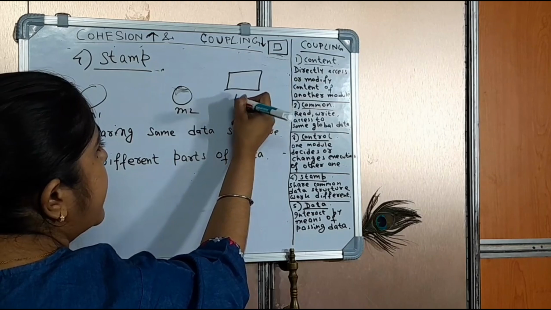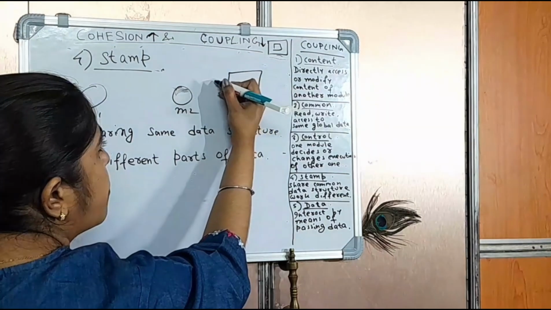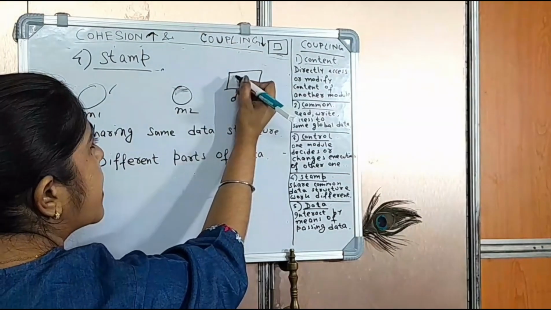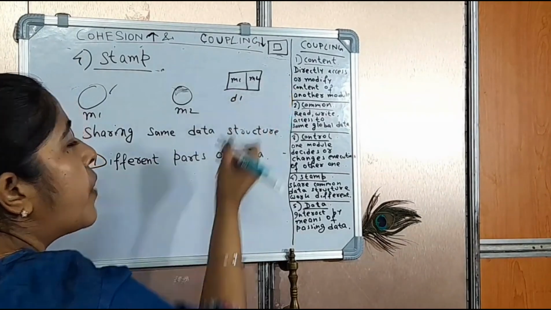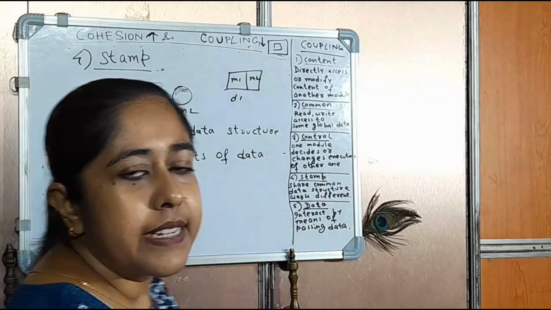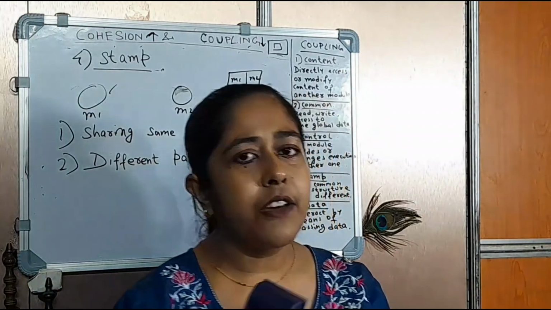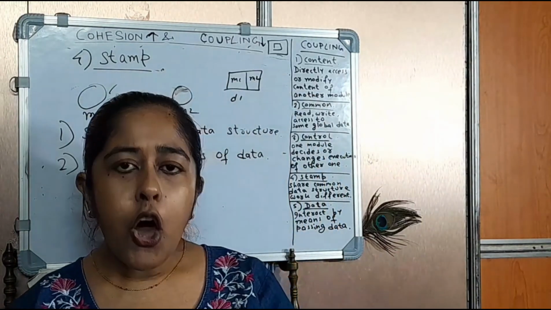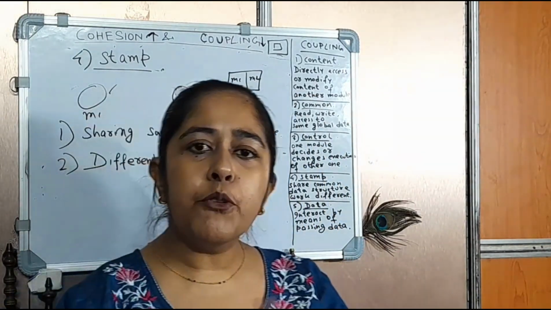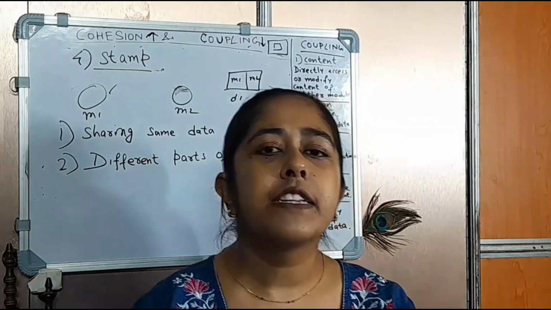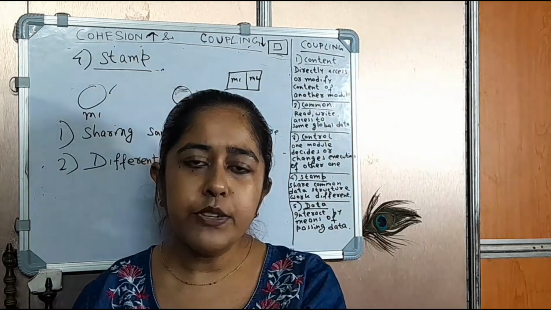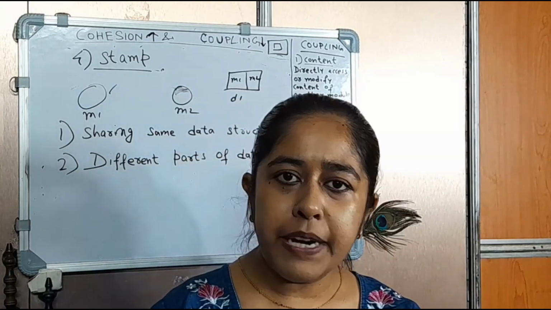If one module is working on some part of the data, M2 will be working on a different part. Someone is working on the execution, or on the processing, while one is working on the input and output functions of the particular data.